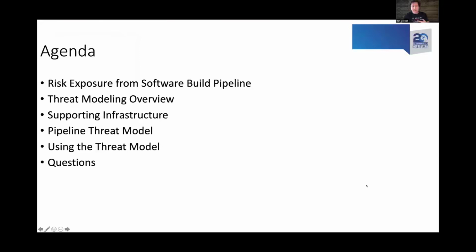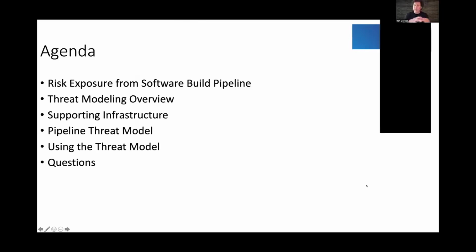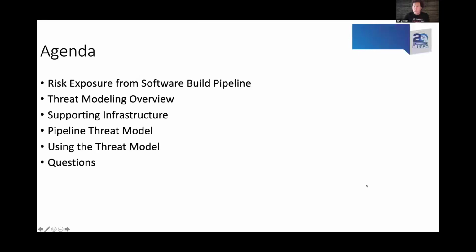So we'll talk again about what your risk exposure is based on your build pipeline. We'll give a super brief explanation of threat modeling, really just links out to other materials because of time. I'll talk about the concerns about the supporting infrastructure that runs this build process. And then we'll go through really quickly a pipeline threat model, just a template threat model that you can use, take back to your environment.